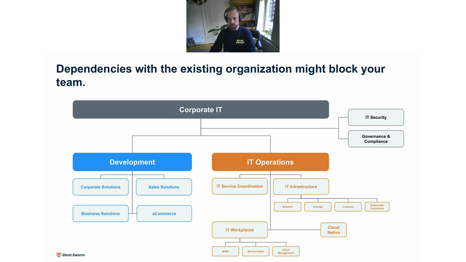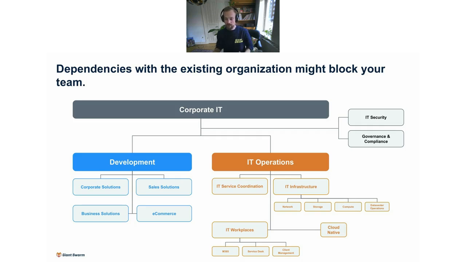Usually we have something like this: a corporate IT developing solutions for sales, e-commerce, business, or the corporate itself; IT operations with service coordination, infrastructure, and workplaces; IT security, in Germany we call it Stabsstelle; and governance and compliance.